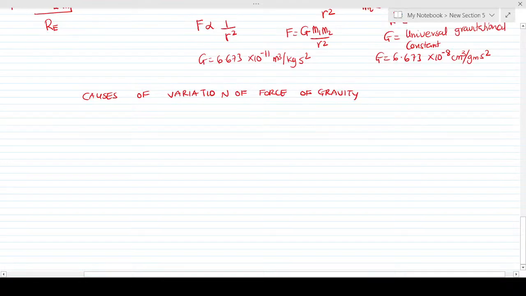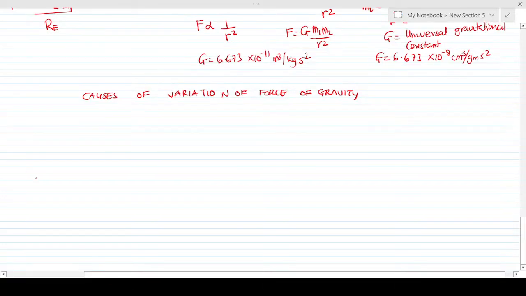So I said that the force of gravity is not the same everywhere for the same object due to some physical variation of the earth as a body. So just as I indicated, the force of gravity is not the same everywhere for the same object.